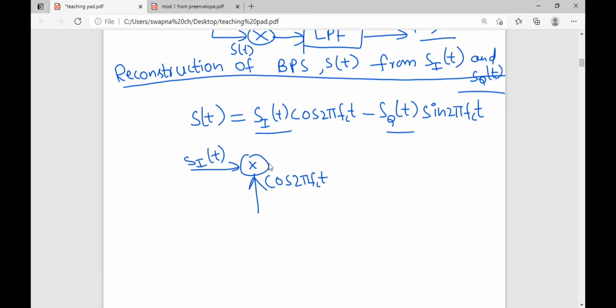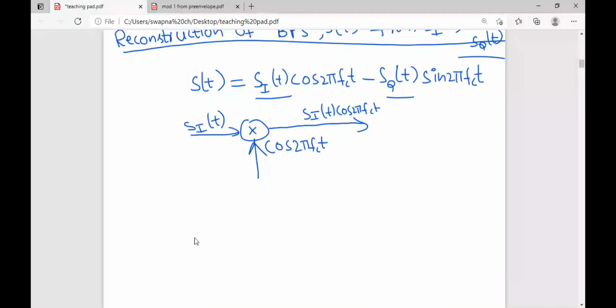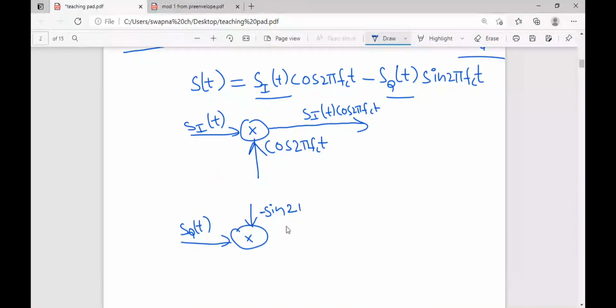You will get Si of t cos 2 pi fct here. Then I will take the Sq of t signal and again give it to the multiplier, and the other input to the multiplier is sin 2 pi fct.